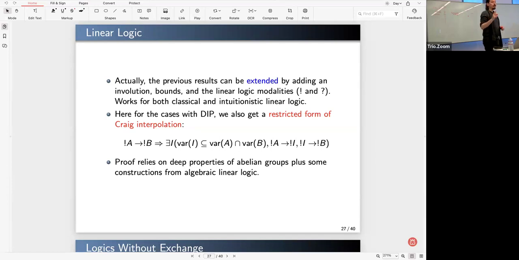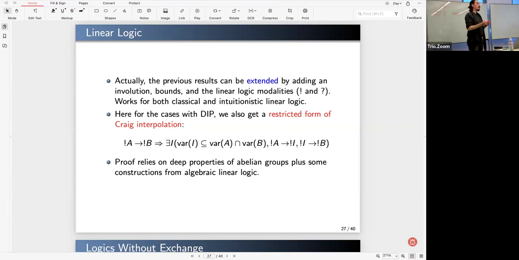One nice thing about this construction is that it was designed so that I could add things to the language. In particular, I can extend this to the involutive variety. I have the same result for involutive commutative residuated lattices because I can define an involution on these algebras. And I can extend it to the algebraic semantics of full linear logic because I can add the linear modalities, linear exponentials, bang and why not.